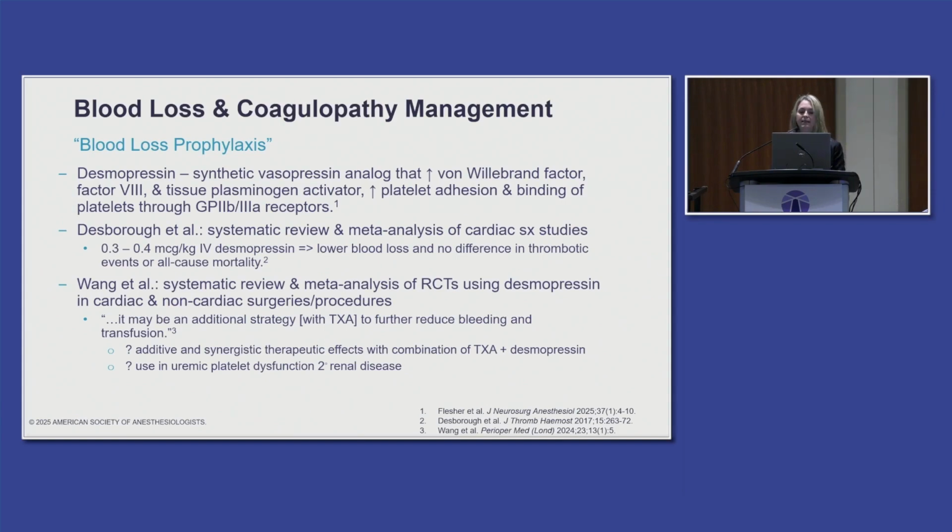Wang et al. performed a systematic review and meta-analysis of randomized controlled trials using desmopressin in cardiac and non-cardiac surgeries and procedures, and concluded that it may be an additional strategy along with TXA to reduce bleeding and transfusion. There may be some additive or even synergistic therapeutic effects there. And also do consider it in patients with renal disease who may have uremic platelet dysfunction.